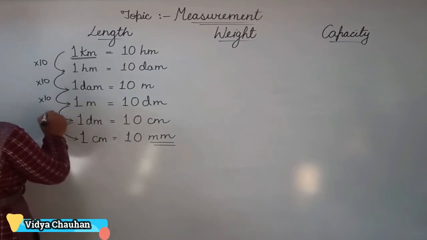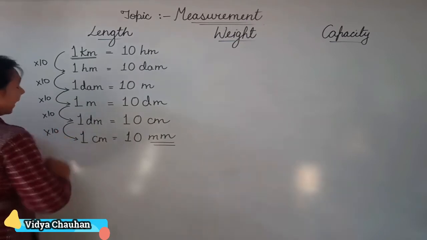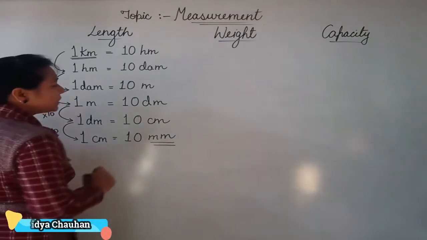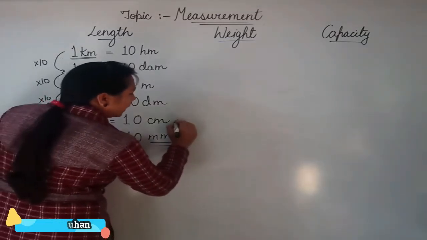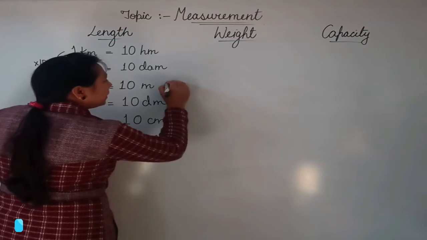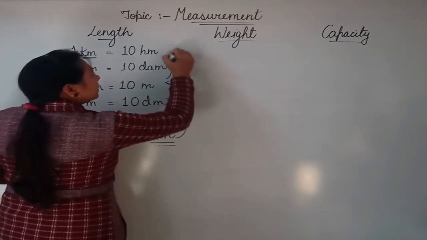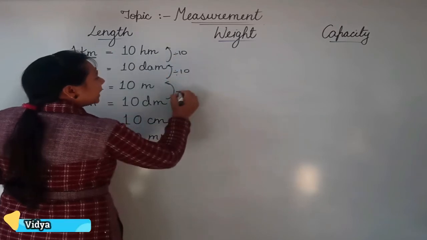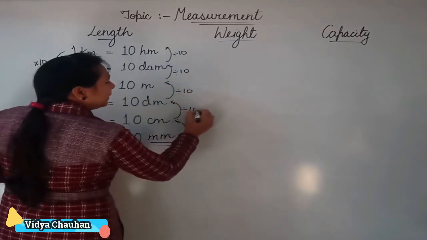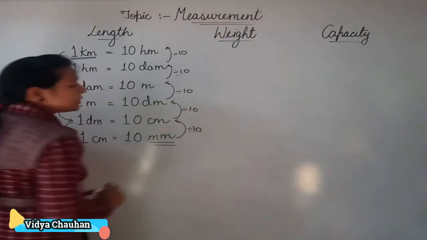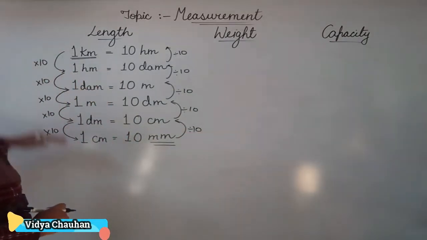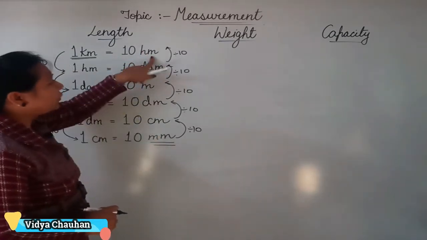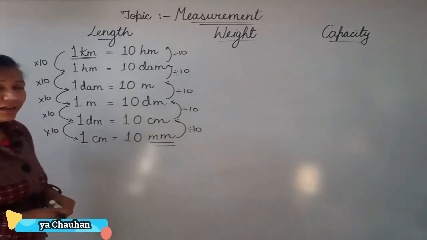So that will be multiply by 10 at every step. In reverse, if we are converting a smaller unit to a bigger unit, every time we divide the term by 10. In that case it will be division. Clear, students? When converting a bigger unit to a smaller unit, multiply by 10. If converting a smaller unit to a bigger unit, divide by 10.